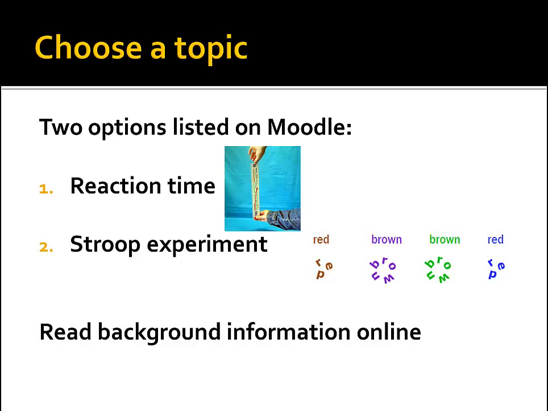The second option is the Stroop experiment, and this is quite a famous experiment that was first conducted in 1935. And it's very simple, but quite interesting. So you can see there's a few different words on the screen there, red, brown, brown and red, but they're in different colors. And this experiment has been repeated hundreds of times and probably thousands of times by students.